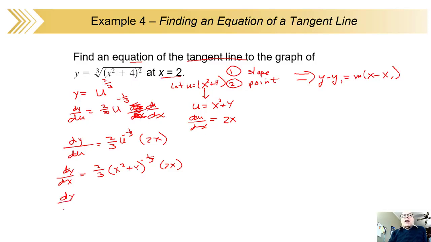So what's dy/dx? I can bring that 2/3 out front. I'll have 4/3 x times x squared plus 4 to the negative 1/3 power.